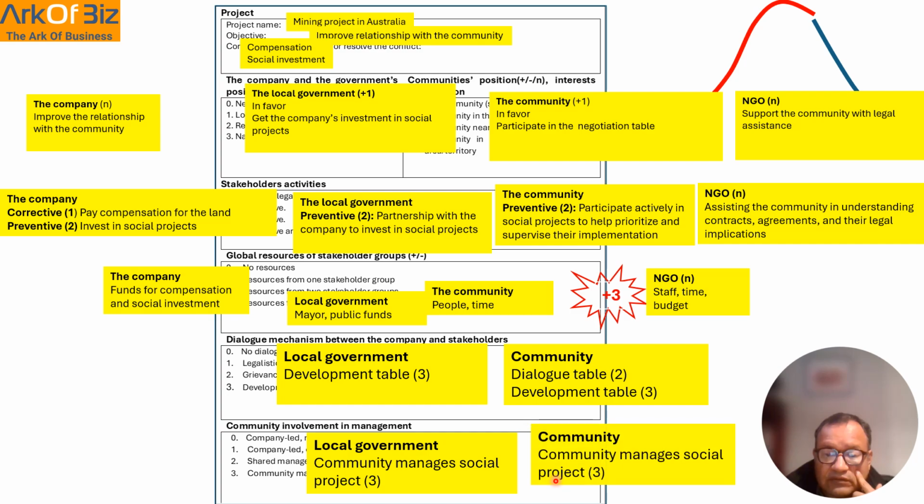Also, the company helps the community manage social projects. So as you see here, we have in both cases the community involvement and the government involvement is a strong involvement. It has a value of 3.